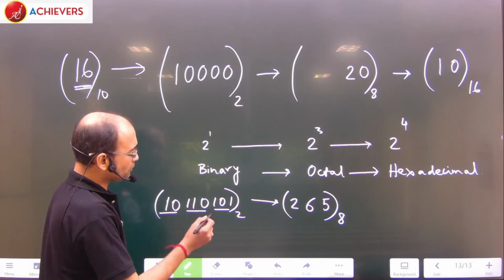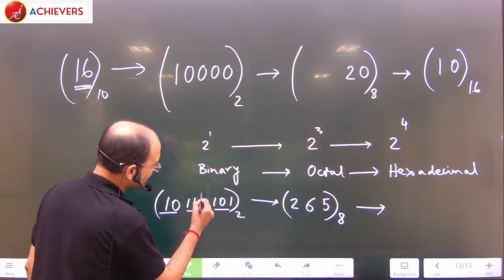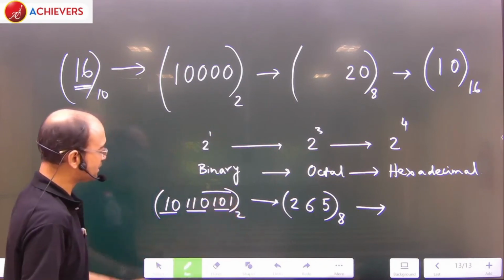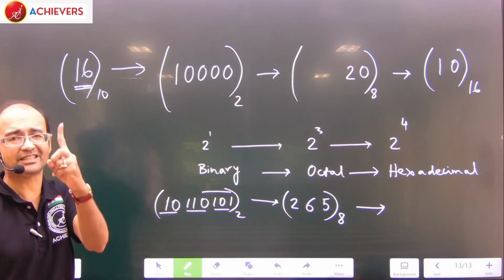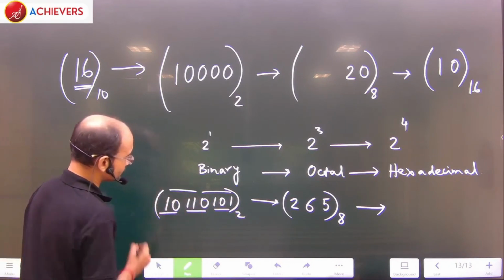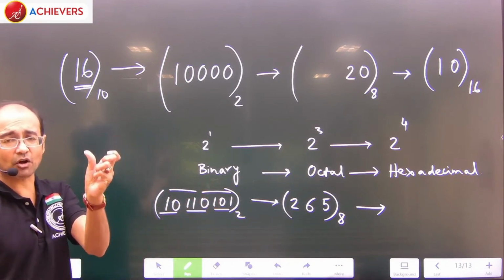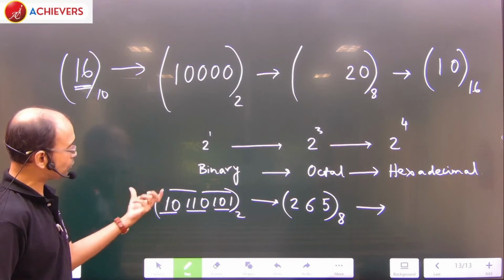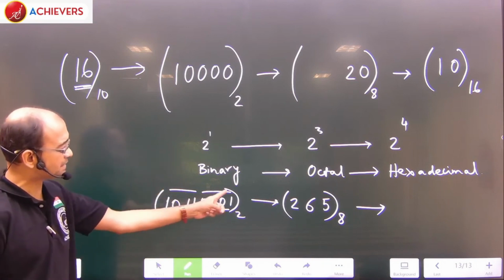Now if we want to convert to hexadecimal easily, we can consider 4 bits of binary as 1 digit of hexadecimal. So 0101 is 1 digit of hexadecimal and 1011 is 1 digit of hexadecimal. What is 0101?